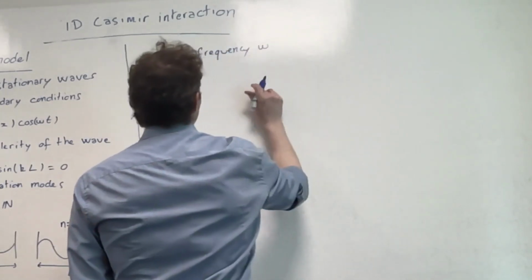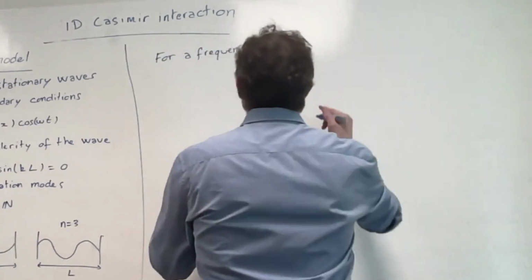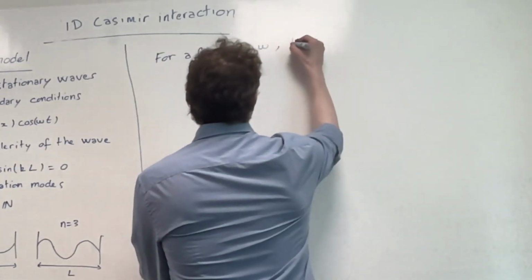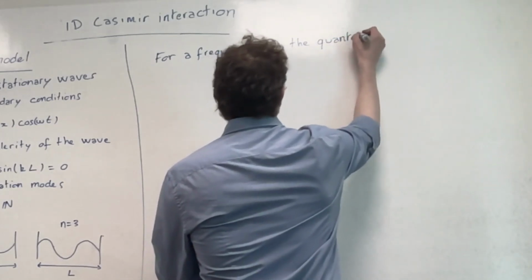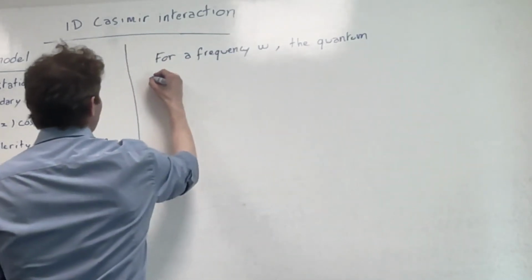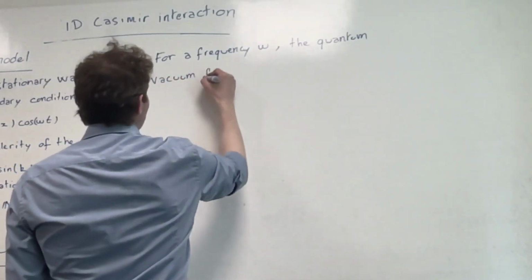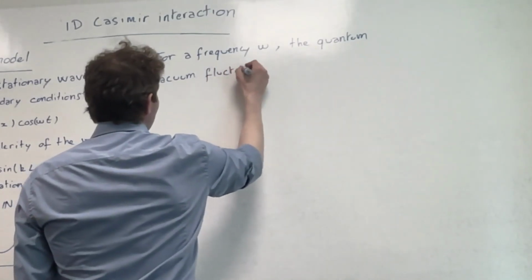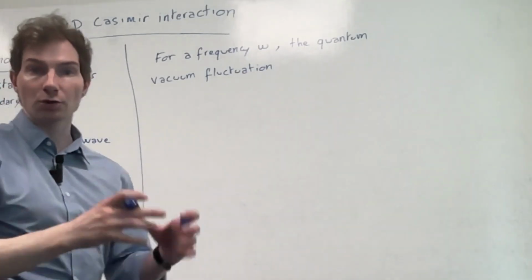omega, we had seen, and I will put a link there, the quantum vacuum fluctuations. So assuming that quantum vacuum fluctuations are going to matter for that system, the quantum vacuum fluctuations give rise to a non-zero ground state energy.